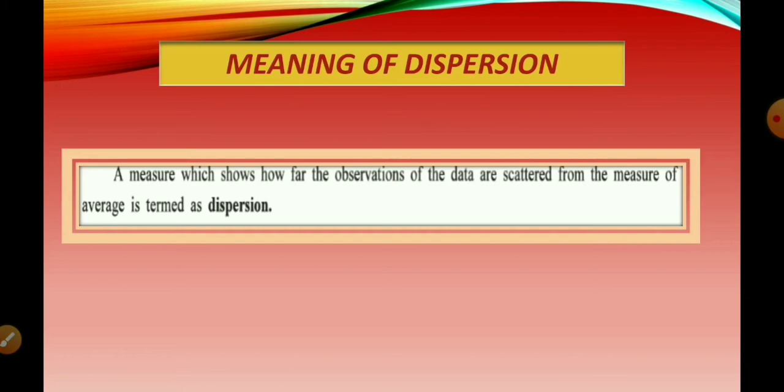So based on that central observation, how far the other observations are dispersed or scattered from that average, that is known as dispersion. So the measure of dispersion shows how far the data are dispersed from the average.